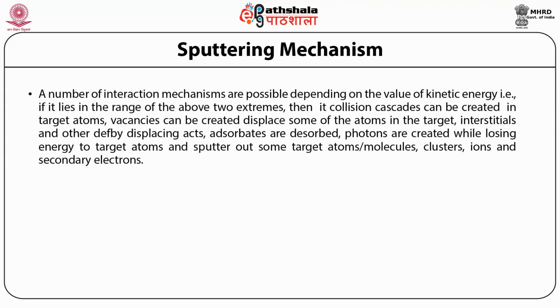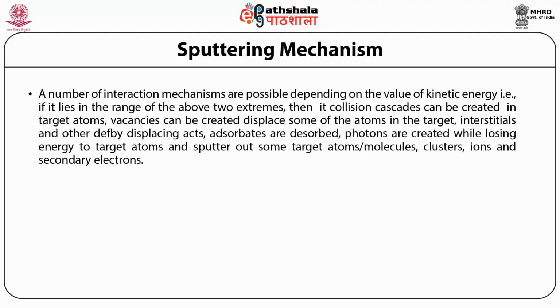A number of interaction mechanisms are possible depending on the value of kinetic energy. That is, if it lies in the range between the above two extremes, 5 electron volt and 10 kilo electron volt, then collision cascades can be created in target atoms.